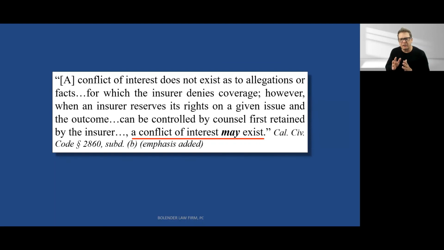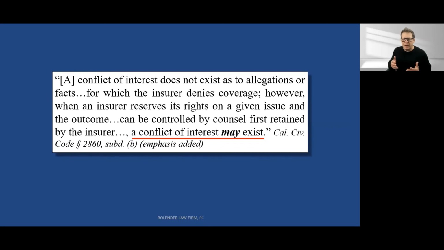And I think this is partly speculation, partly research, but I believe that the legislature was concerned that a bright line rule would turn every reservation of rights letter into an insurance dispute, which would ultimately have the effect of increasing premiums. And so the legislature inserted permissive language in the standard for determining when a conflict arises.